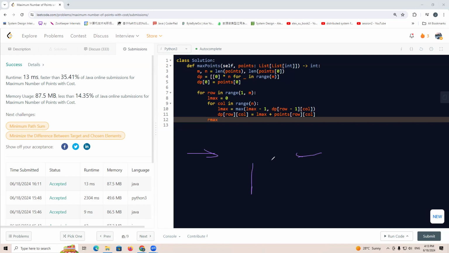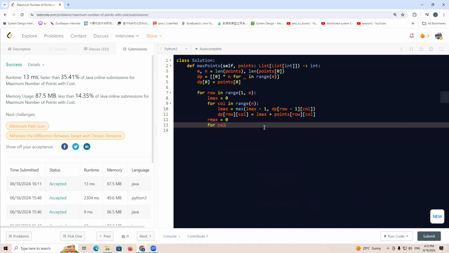And sometimes there is a question to find the closest zero matrix, right? We do dp from the upper left first and then do the lower right first in another round, right? So this kind of technique can get our problem into one direction.